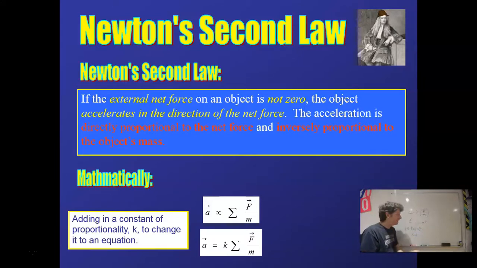But if they wanted their equation to equal a newton, if they wanted to sub in a pound and a foot per second squared, then they would need a proportionality constant that does not equal 1. It would have to equal something else in order to spit out units of newtons. So that's where these proportionality constants come from, and you'll see a lot of them in many of the equations that we use.